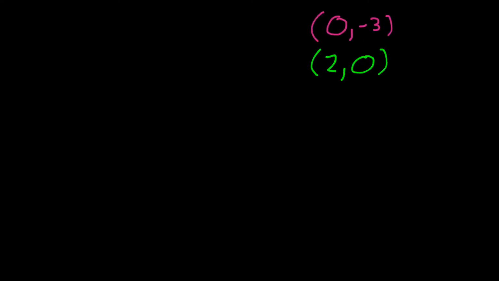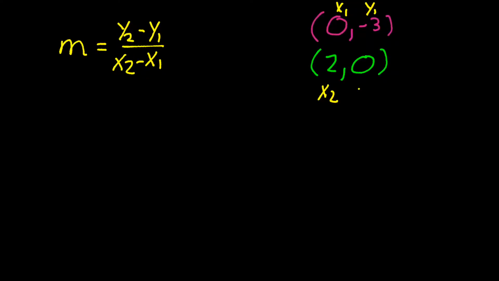Hopefully by this point you have your slope formula memorized, but in case we need to hear it one more time, m equals y2 minus y1 over x2 minus x1, where x1 is 0, y1 is negative 3, x2 is 2, and y2 is 0.